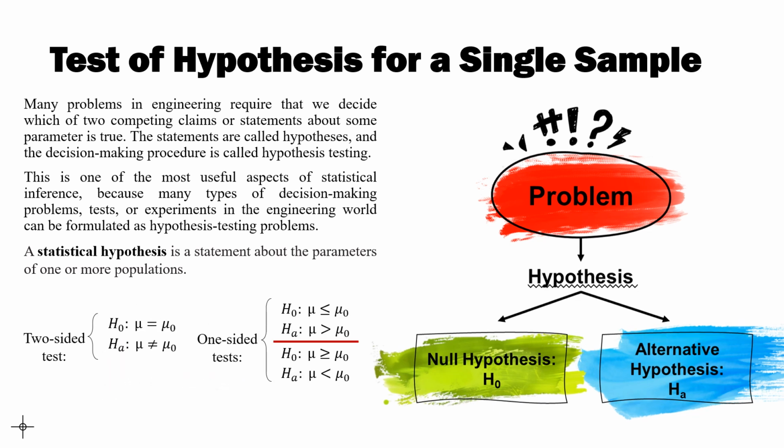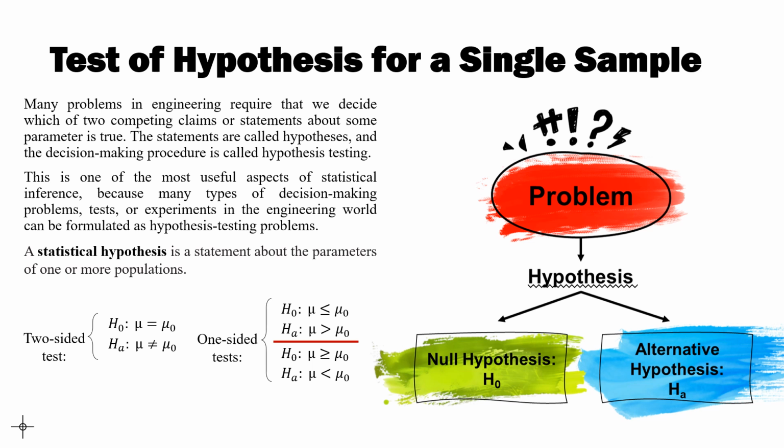In hypothesis testing, how we define our hypotheses depends on the question we want to answer. A two-sided or two-tail hypothesis is used when we want to check if a population parameter, like the mean or variance, is equal to a specific value or not. In this case, the null hypothesis states that the parameter equals the hypothesized value, for example mu0, and the alternative hypothesis states that it is not equal to mu0.